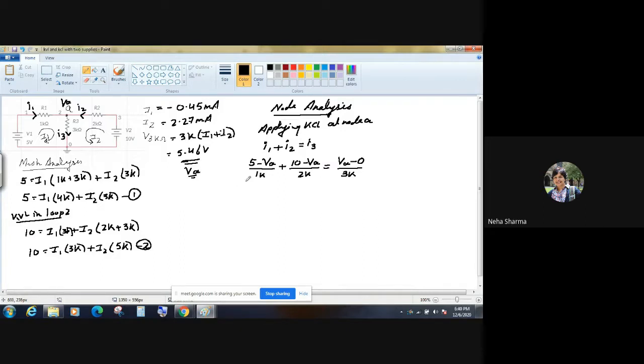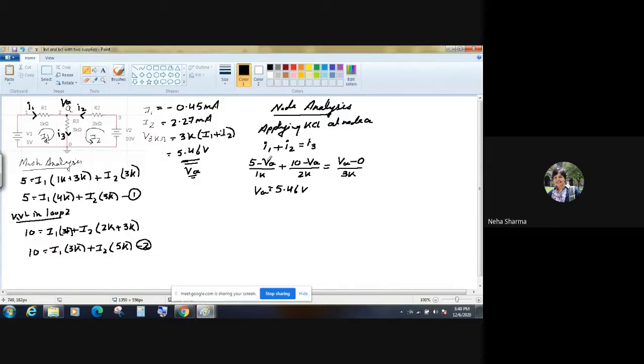Now when I have to solve for I1, I can just write VA, which should be roughly around 5.46 volts. And I1, which is given by 5 minus VA by 1K, will again come up as 0.45 milliamps.